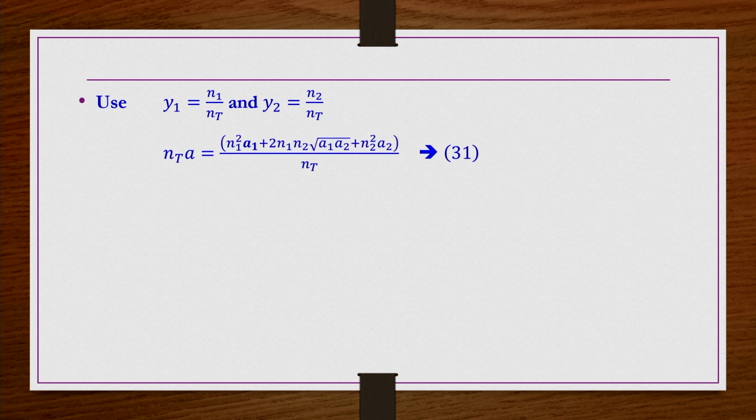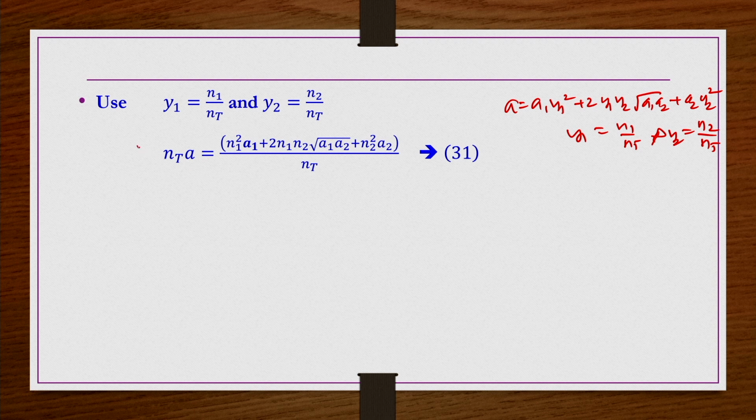From the mixing rule, we had A equals A1 y1 square plus 2 y1 y2 square root of A1 A2 plus A2 y2 square. In this relation we write y1 equals N1 by Nt and y2 equals N2 by Nt.